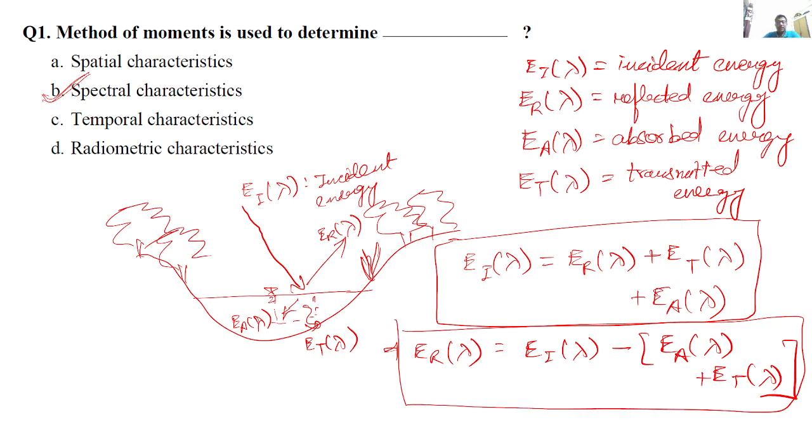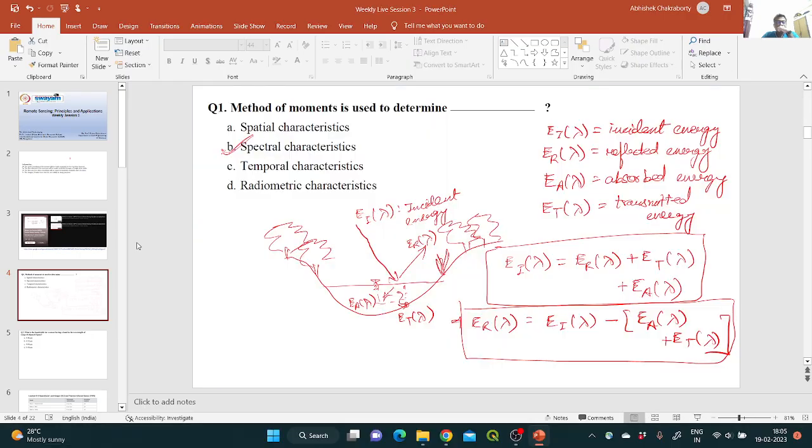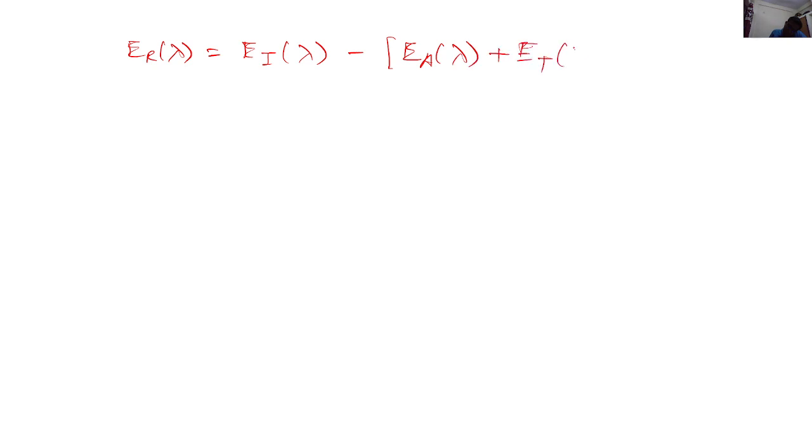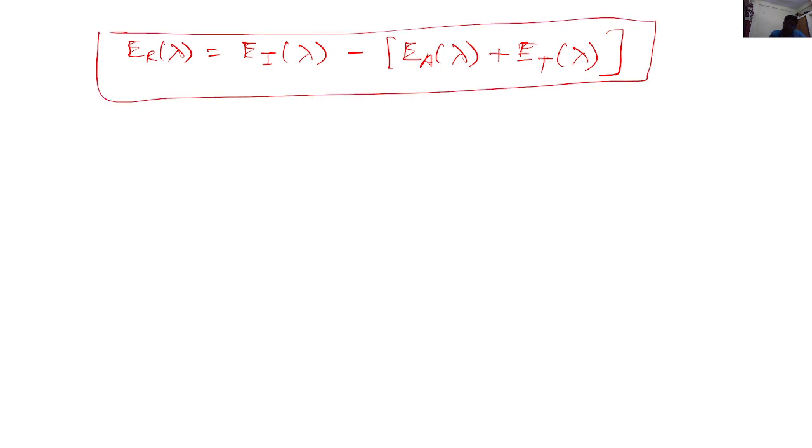Let me take another slide. This reflected energy, which we observe as the reflectance, which is basically the ratio of the reflected energy to the incident energy, will depend on the Earth surface features.